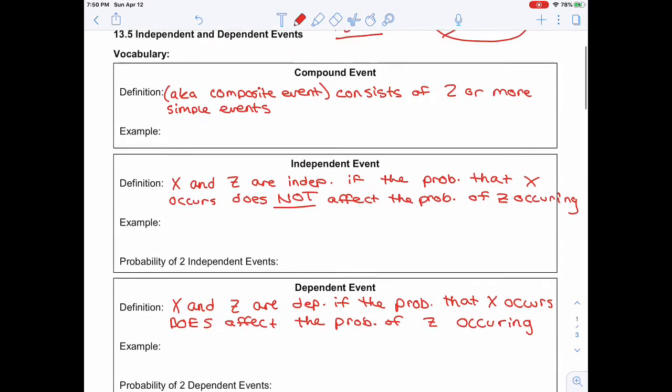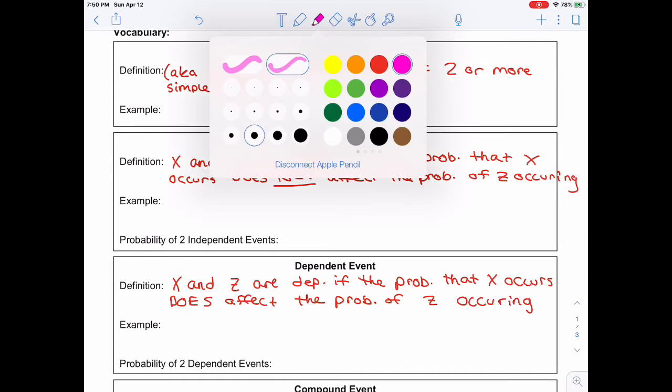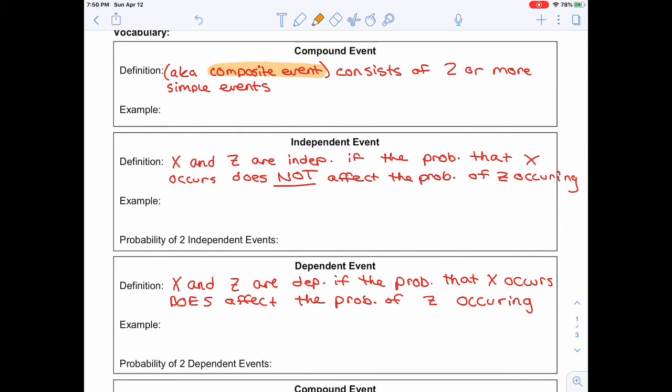All right, so for our first couple definitions, I do have them written out, but again, they are in your books. So a compound event, also called a composite event, I will never personally call it that, but just know that some books do. All that is when you have an event of two or more simple events. So an example of this might be, let's say Jack is chosen first for a group, and Max is chosen second.